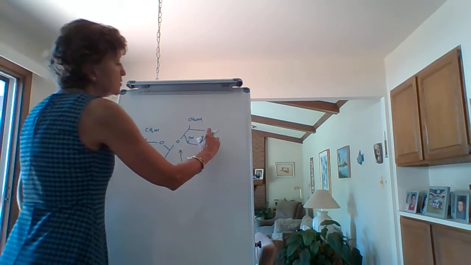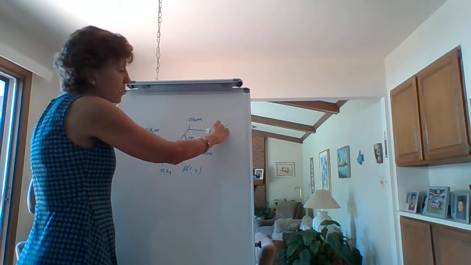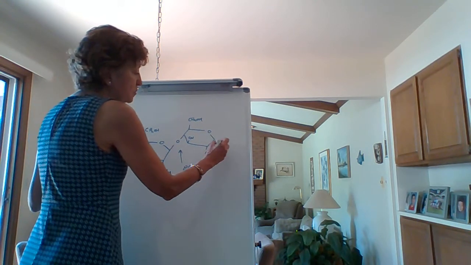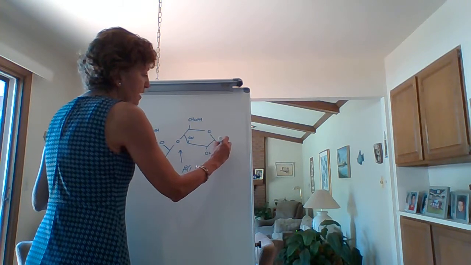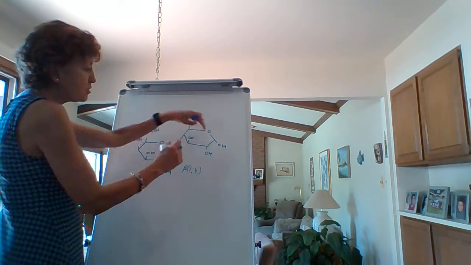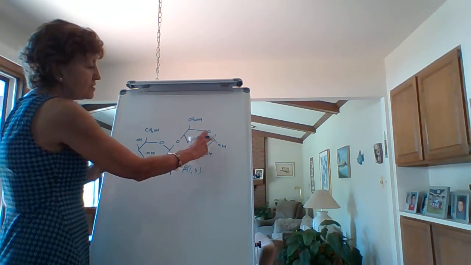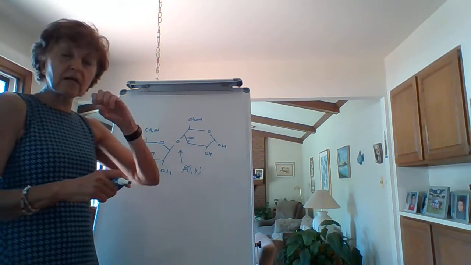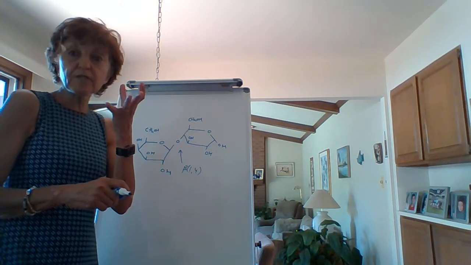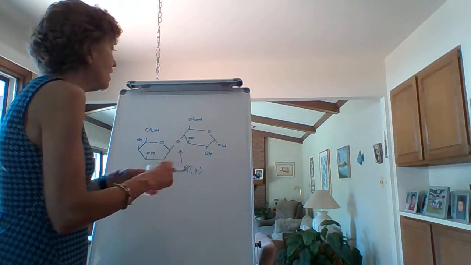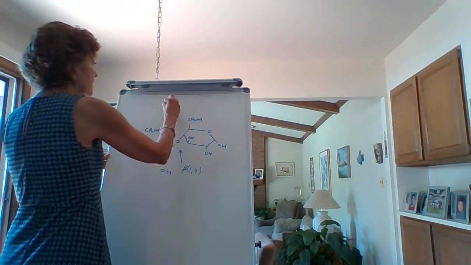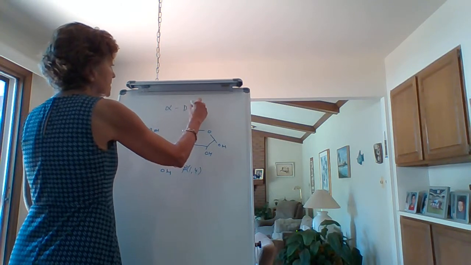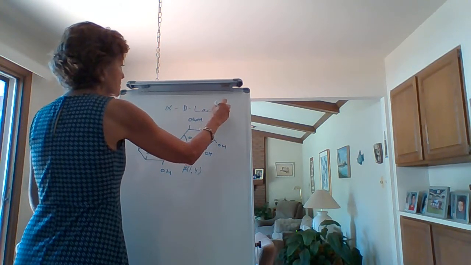But this could be up, it would be a beta lactose, or it could be down, it would be an alpha lactose. So I'm just going to put it down. We have both, so let's just put this down. This is called the anomeric carbon. It's the carbon that can easily open and become a potentially free aldehyde. So this right over here is alpha D lactose.